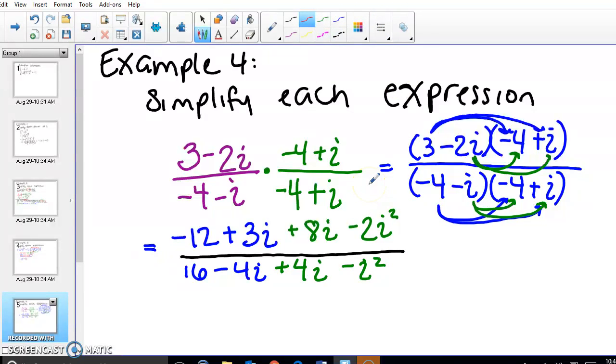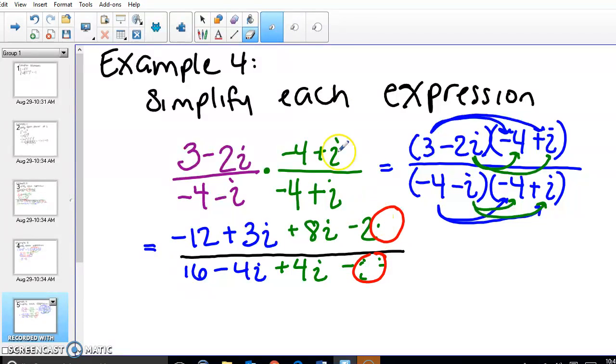We're going to combine our like terms, but before I do that, I want to remember that i squared is the same as negative 1. So I'm just going to rewrite that. So now I have up top here, I have negative 12.